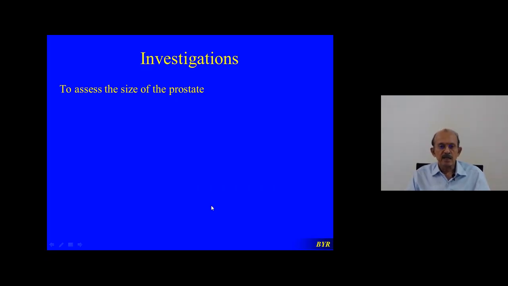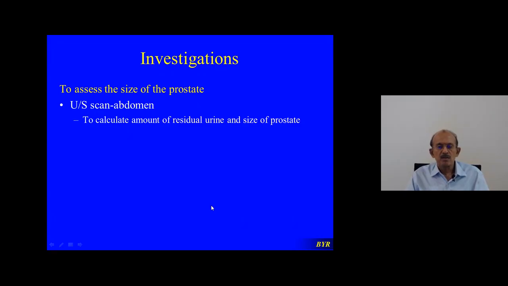Then to assess the size of the prostate, you can do an ultrasound scan. With this ultrasound scan, you can evaluate the amount of residual urine as well as the size of the prostate. You can assess the kidneys, bladder, and prostate.